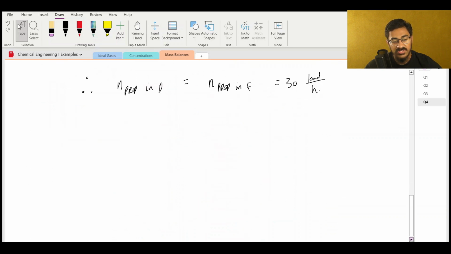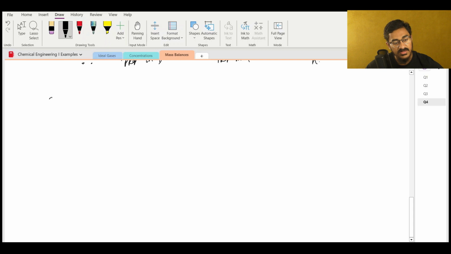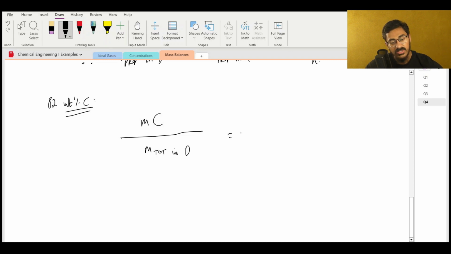If someone tells me that a stream is 82 weight percent carbon, what does that mean? It means that the mass of carbon over the total mass of the stream, which is the distillate, is equal to 82%.